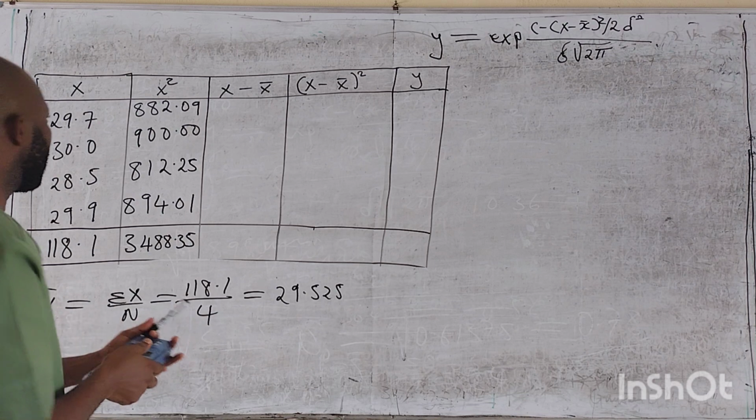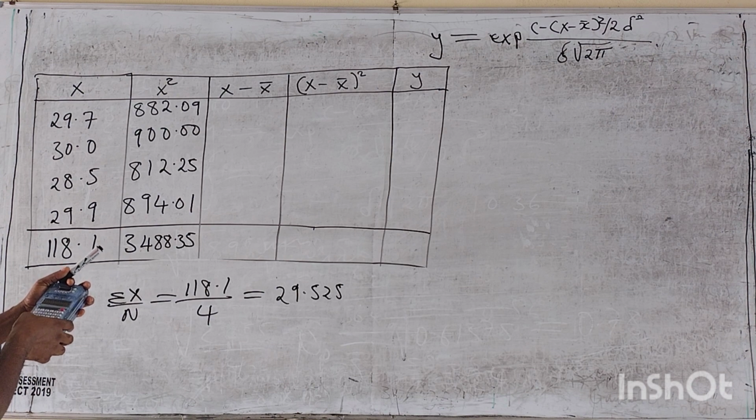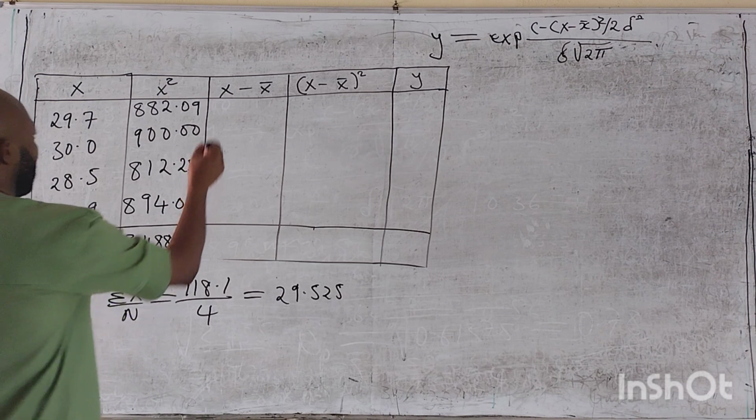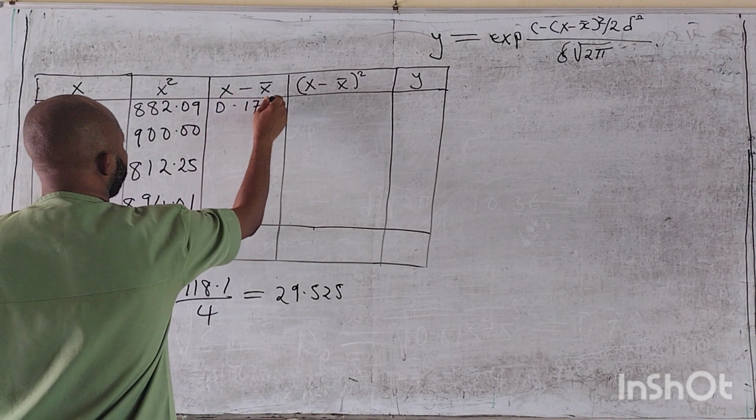Alright, let's work on our table now. This minus this, I will start with 29.7 minus 29.525, which is equal to 0.175.